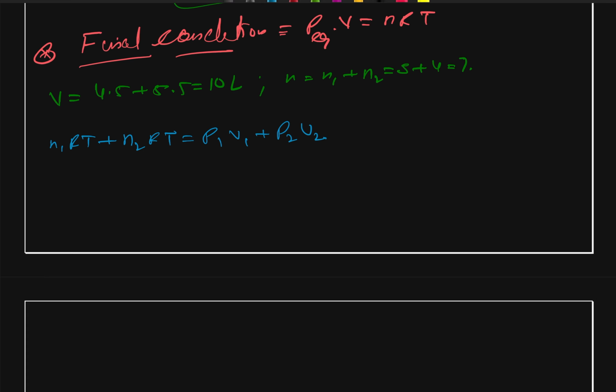And we already know P1V1, so this comes as 2 times 4.5 plus 3 times 5.5, and this will be 9 plus 16.5, which will be 25.5.